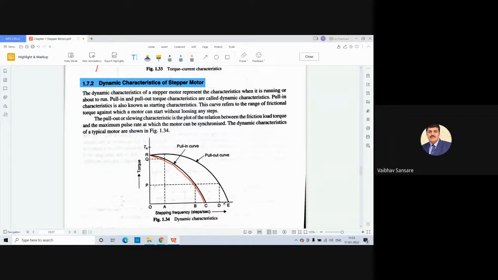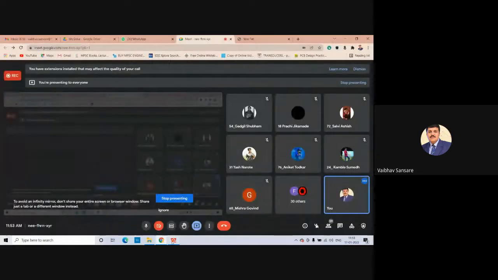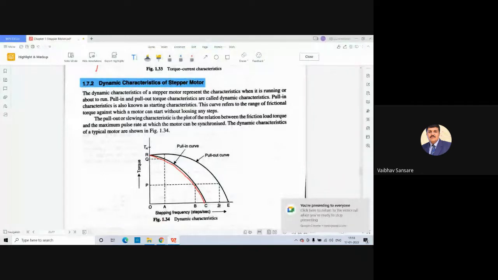So when the motor gets synchronized, under that condition we plot this pull-out characteristics of the stepper motor.